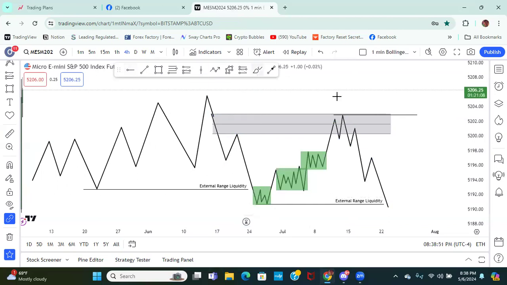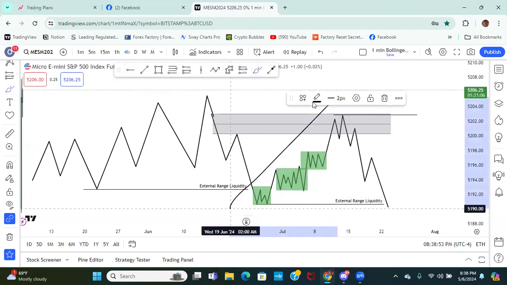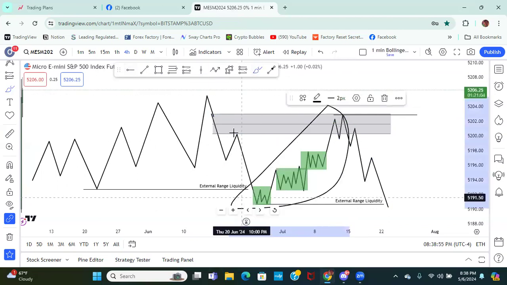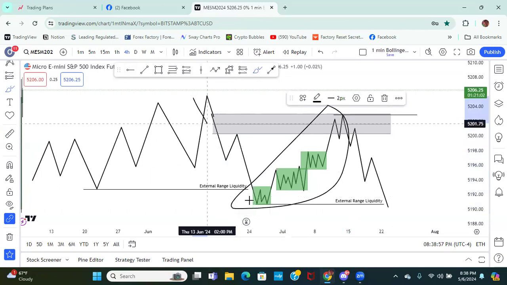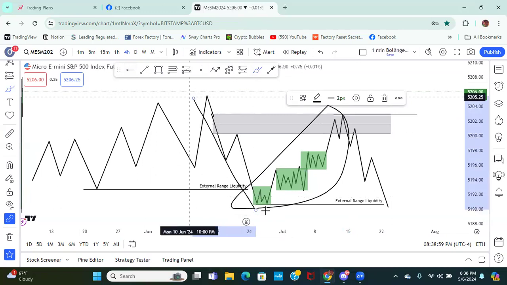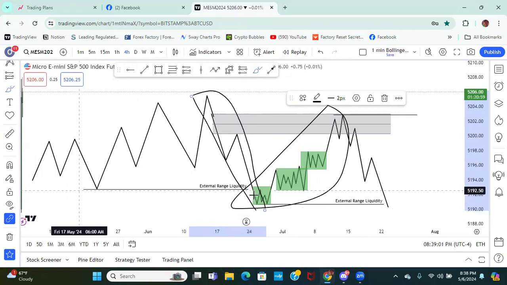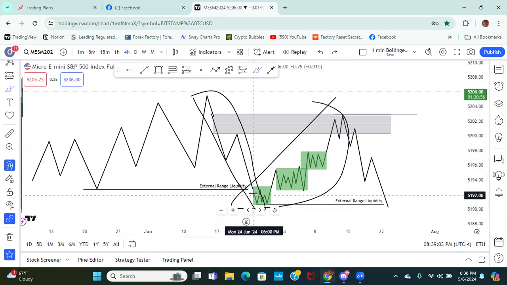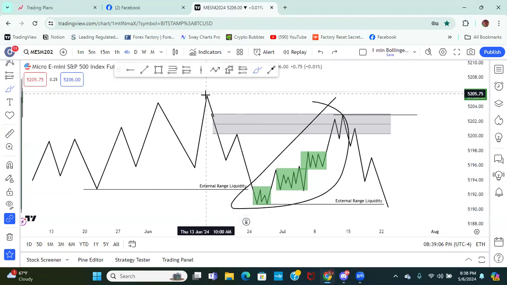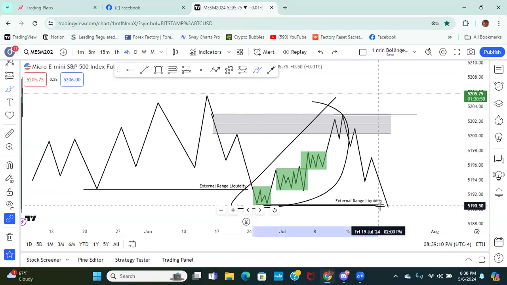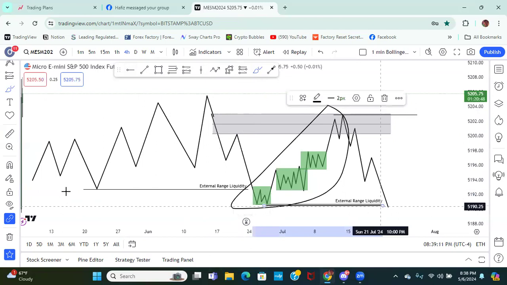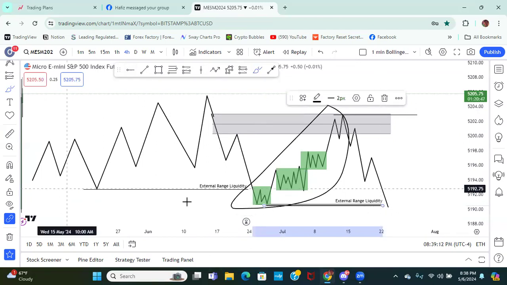This is one price leg right here. Why? Because this price leg here broke through this low. Fair value gap at the top, new external range liquidity created at the low after we took out this liquidity.